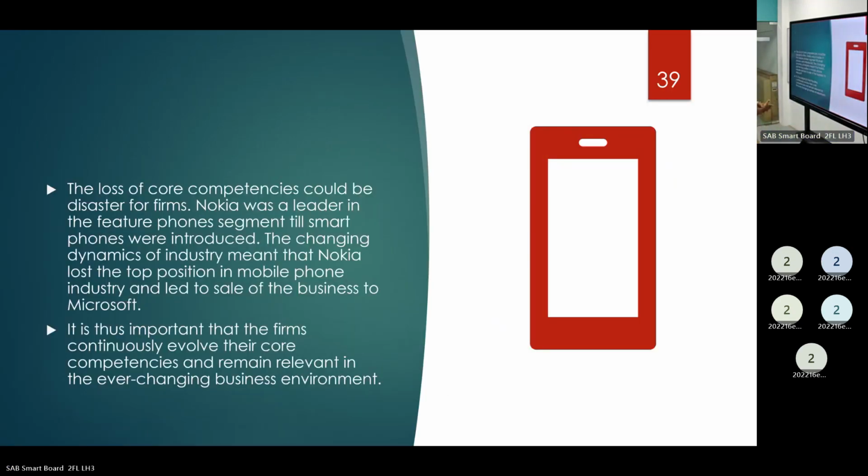Right. So loss of core competencies would be a disaster for a phone. The Nokia was the leader in the feature phone segment. Smartphone was introduced before the smartphone. Change in dynamic industry means that Nokia lost the top position in the mobile phone industry. Right?